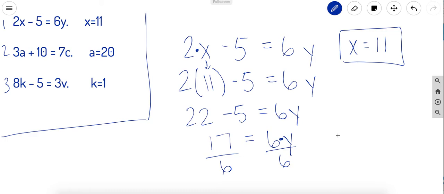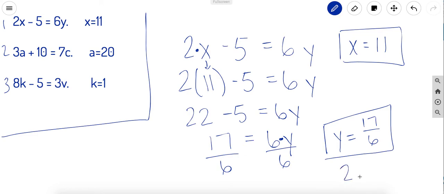Now, for this problem, we got an ugly fraction, right? If we try plugging this into a calculator, it's going to come out as a very ugly decimal. That's okay though, because let me tell you what the decimal would be. Let me plug it into my calculator. If you did this on the calculator, you would have gotten 2.8333 all continuously, right?